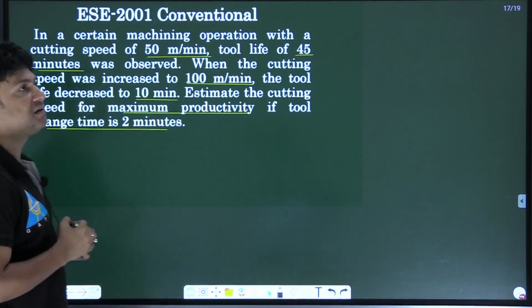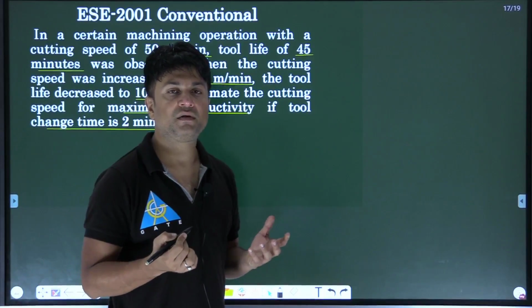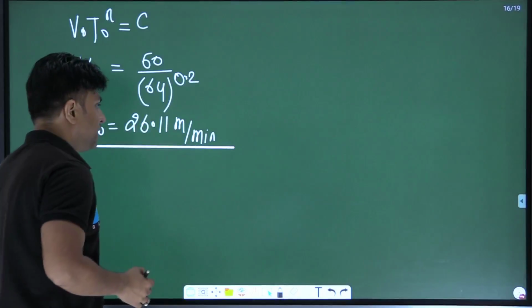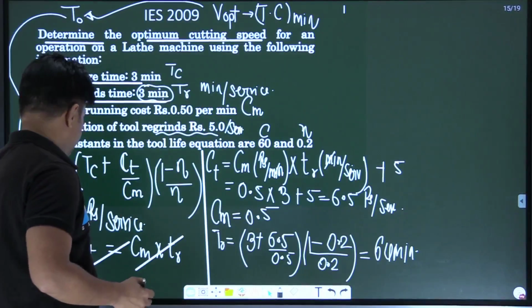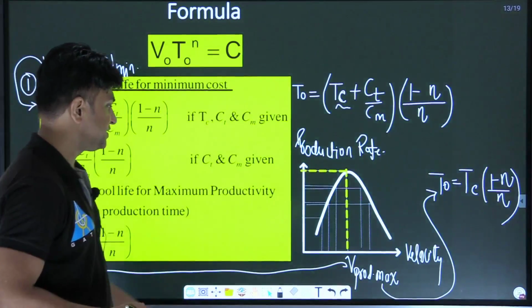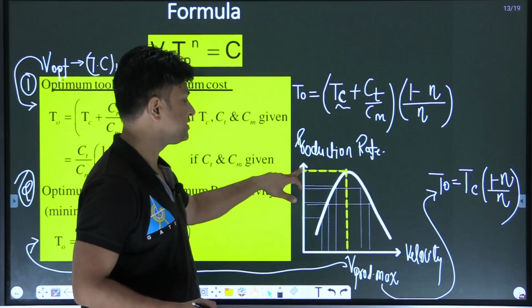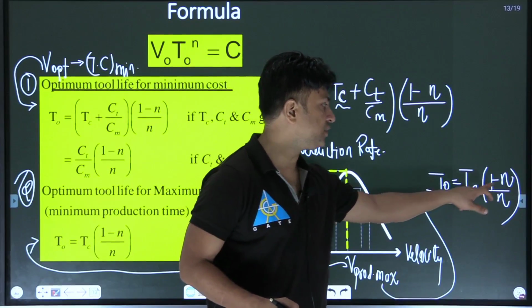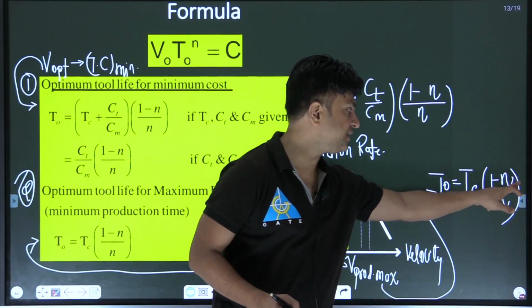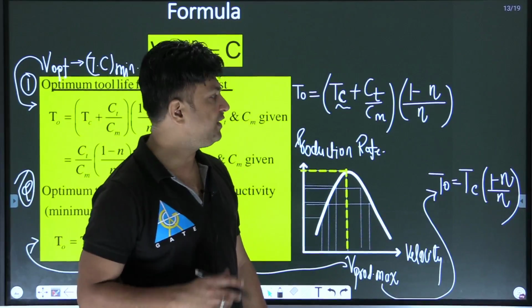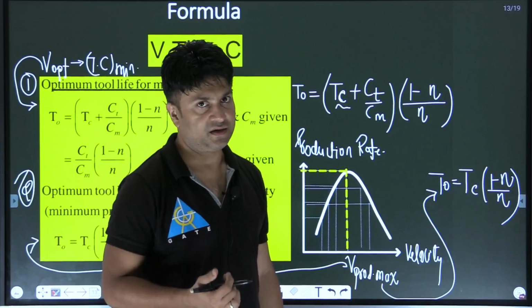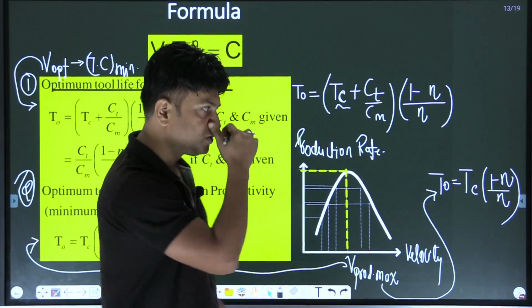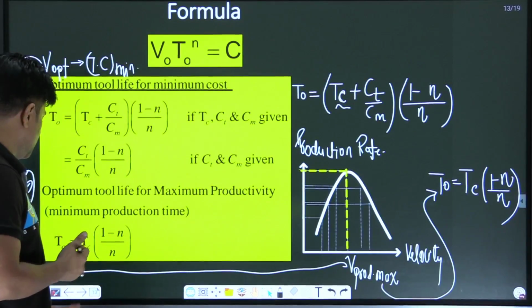Now, for that you need n, because we know the velocity where the production rate is maximum has a tool life T naught equal to Tc into (1 minus n) by n, and we don't know the value of n. So we have to calculate the value of n also.